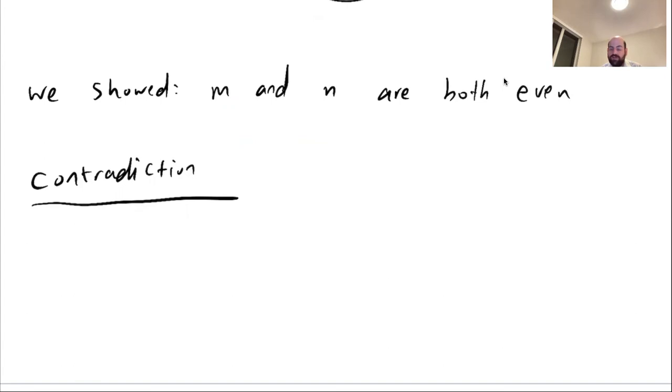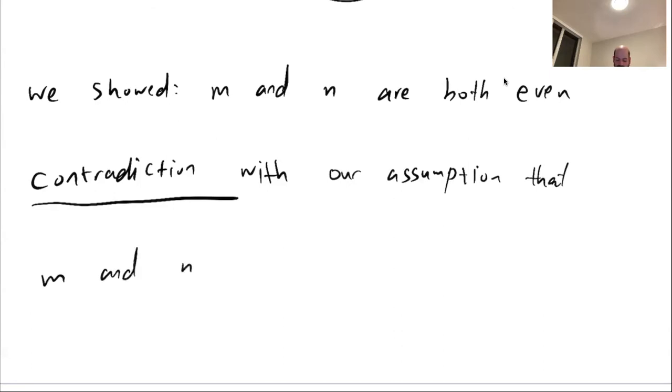If you have 2 even numbers, 2 is a common divisor for those 2 numbers. But I was assuming that m and n have no common divisors. So this is a contradiction with our assumption that m and n have no common divisors.